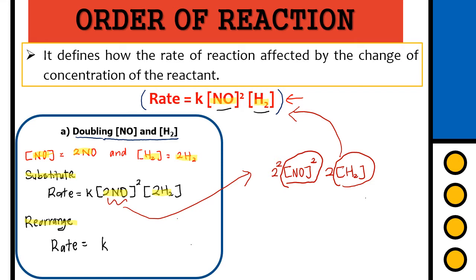The numbers in front, we are going to put with the K. So we have 2 to the power of 2 equals 4, times 2 here. So we will get 8. So it will be 8K, and that leaves us with NO to the power of 2 and H2.